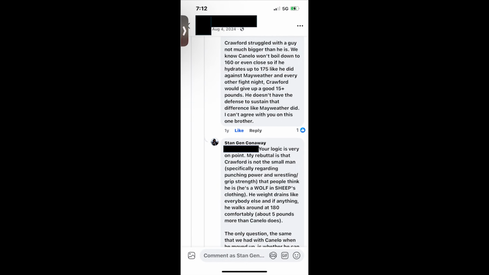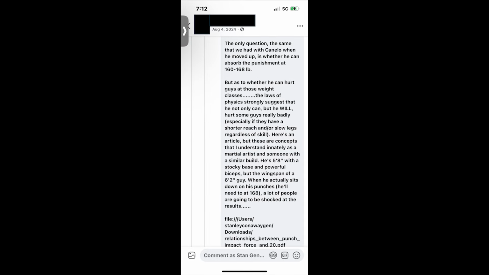And my counter argument was, one, he's weight draining down to those classes, and by not only cutting water weight, but having to cut into muscle, which he admitted or alluded to in one of his interviews, that is going to also affect your punch resistance, because the majority of cerebral spinal fluid is made out of water.